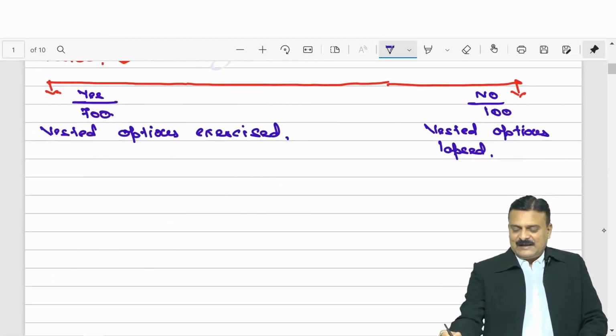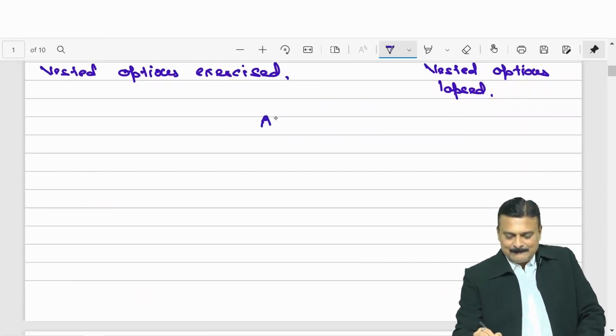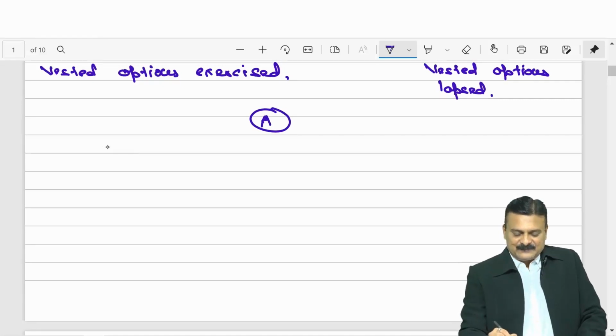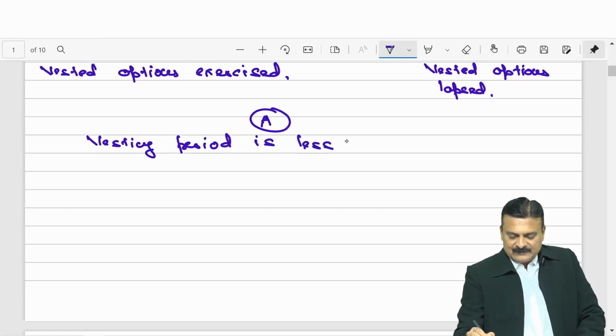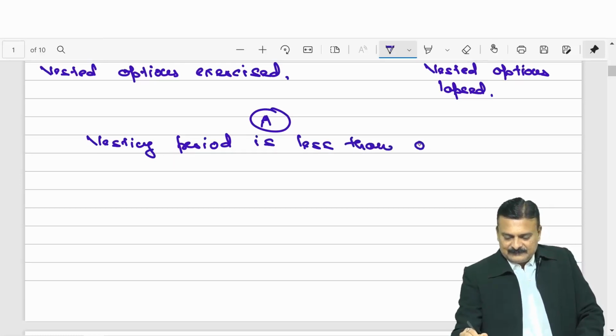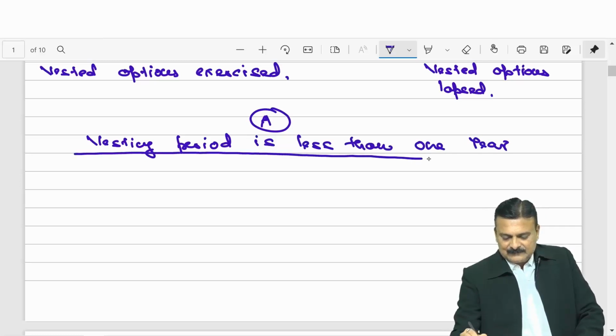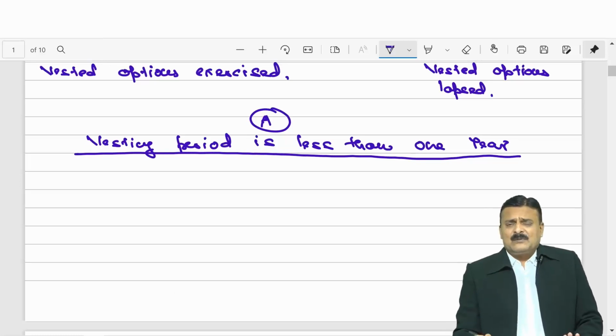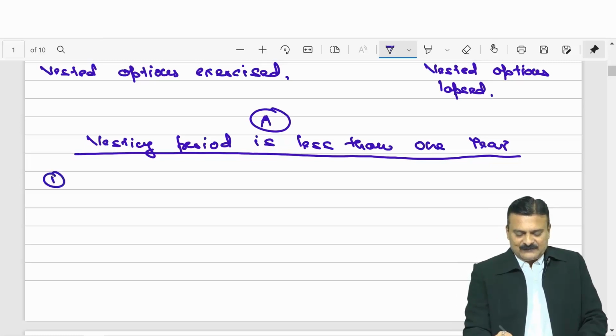So situation A, case A, where the vesting period is within the accounting year, less than 1 year. Within 1 year, the scheme lapsed, scheme over, finished. Simply we have to pass 2 entries.